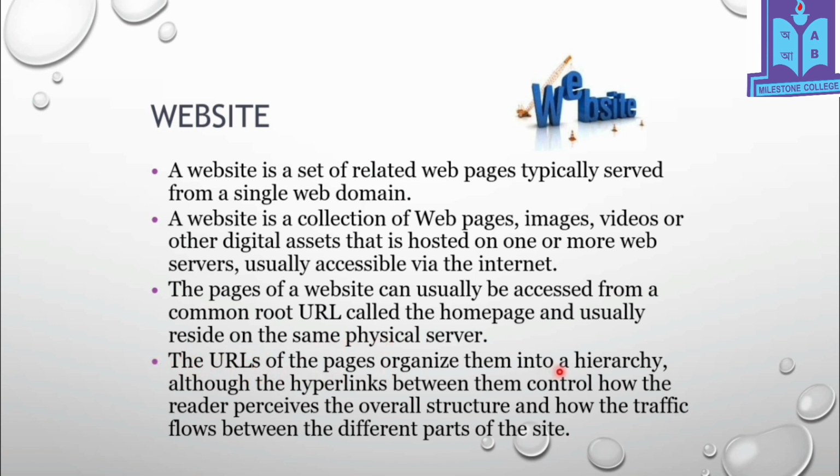The URLs of the pages organize them into a hierarchy, while hyperlinks between them control how the reader perceives the overall structure and how traffic flows between the different parts of the site. If those pages are connected together in a hyperlinked way, you can use multiple pages in a single website.